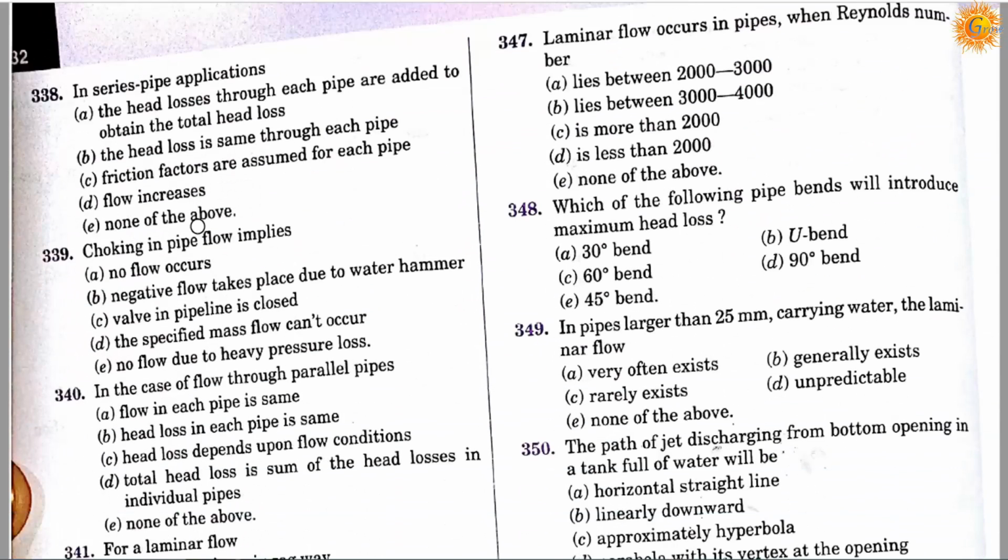Question number 338. In series pipe applications: option A, the head losses through each pipe are added to obtain the total head loss; option B, the head loss is the same through each pipe; option C, friction factors are assumed for each pipe; option D, flow increases; option E, none of the above.